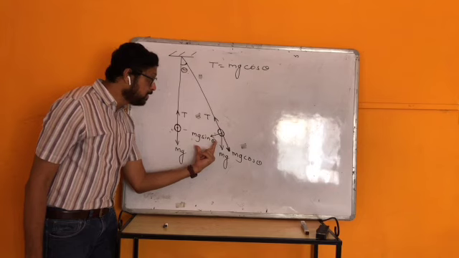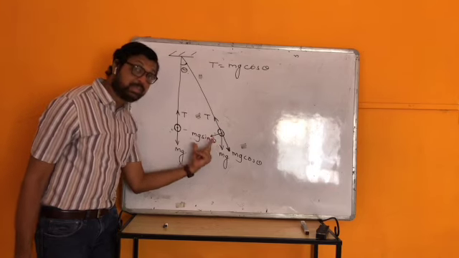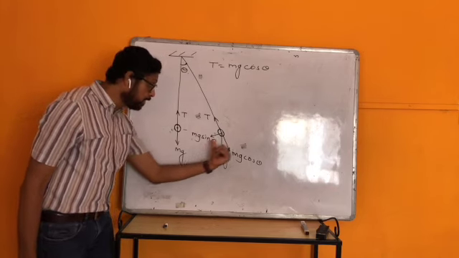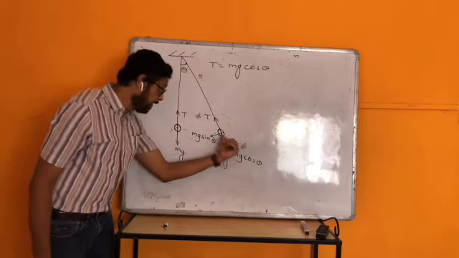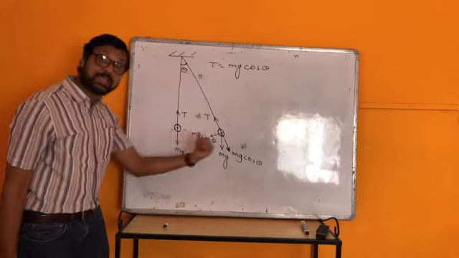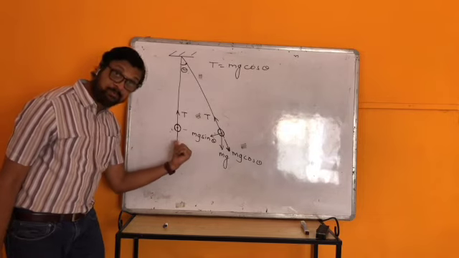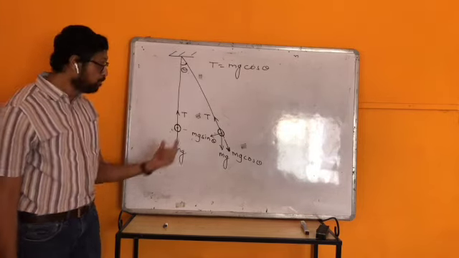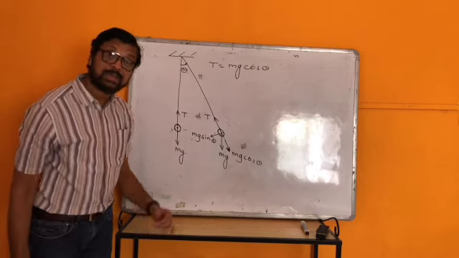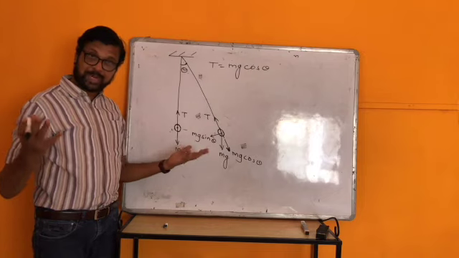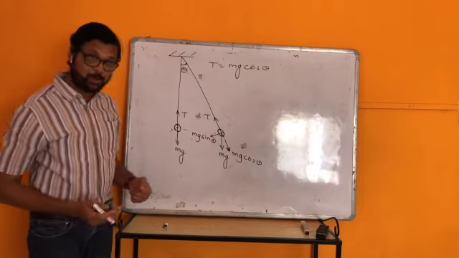So this mg sin theta is the force due to which the bob moves towards the mean position. On either side, because of mg sin theta, the bob comes back towards the mean position. Means this mg sin theta is what? Restoring force. That force is trying to restore the original position.